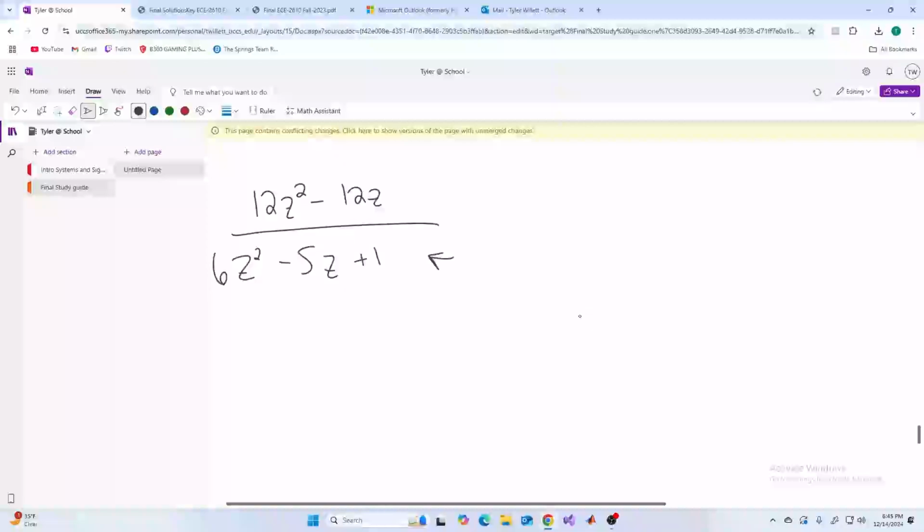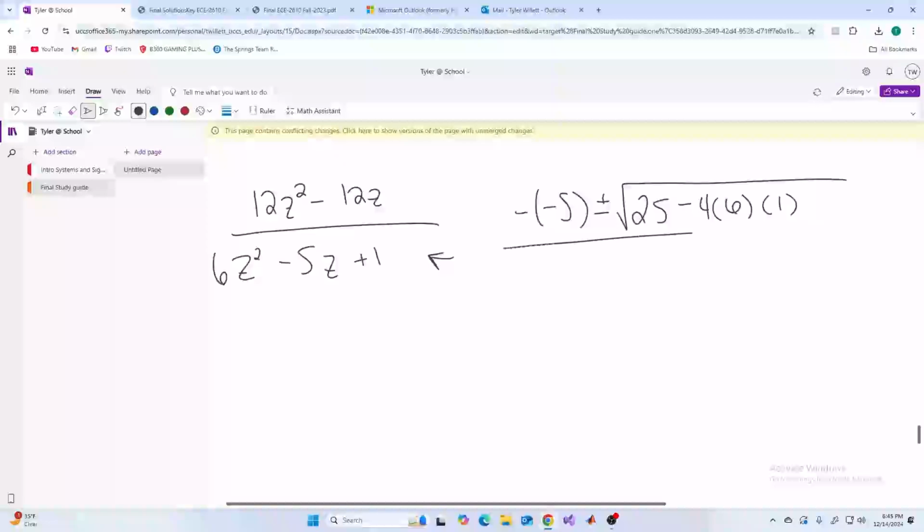Now, the whole point of this was to factor the bottom. So we need to figure out what the bottom is. To do that, we're going to use the quadratic formula. So we have negative 5 plus or minus the square root of b squared, which is 25, because 5 squared is 25, minus 4 times 6 times 1, all over 2 times 6. In other words, negative b plus or minus the square root of b squared minus 4ac all over 2a.